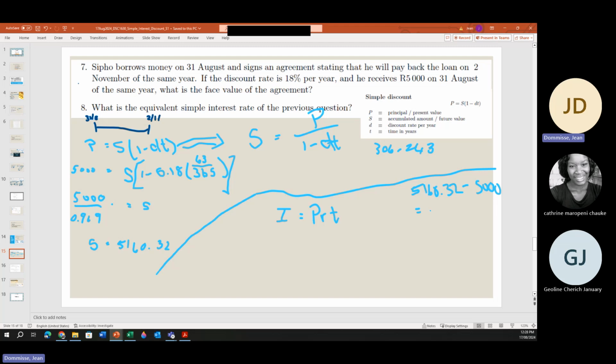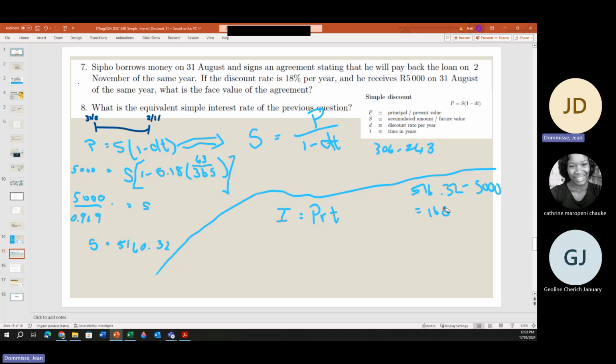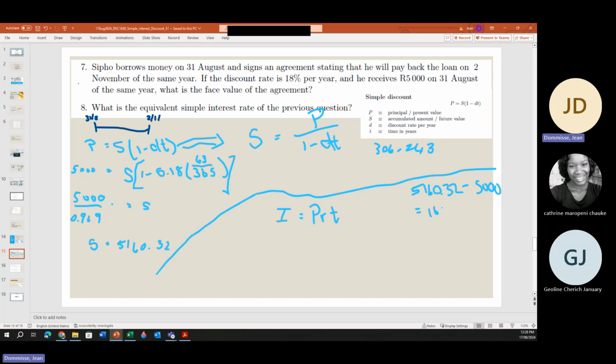Now you can see when I don't write neatly, I very easily make a mistake. That should be 160.32, which is your interest. We need to get to R, so I divide by PT, which will give me my simple interest rate.